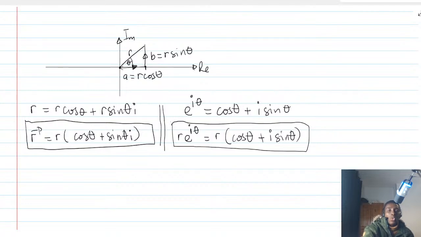But before we do that, let's look at how to multiply. Okay.